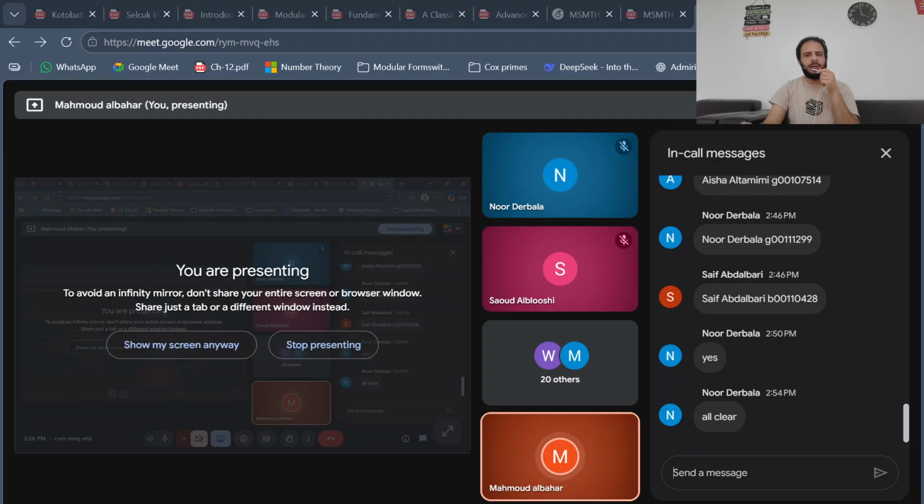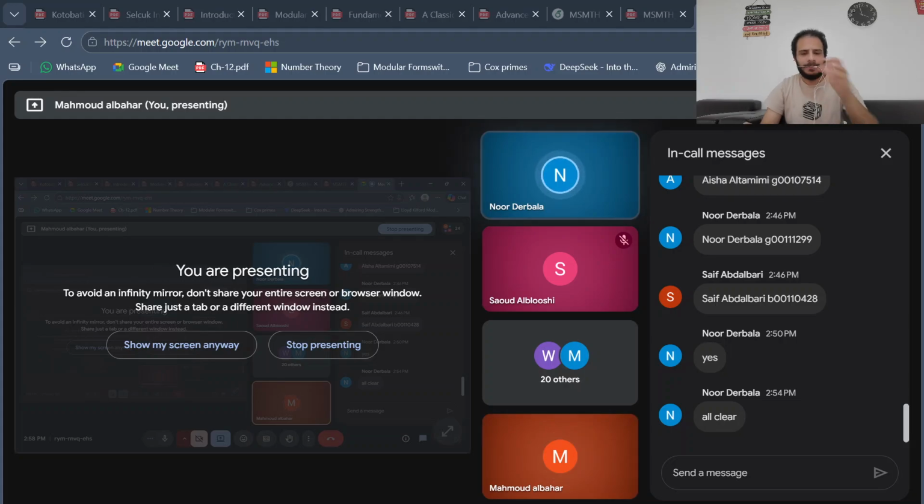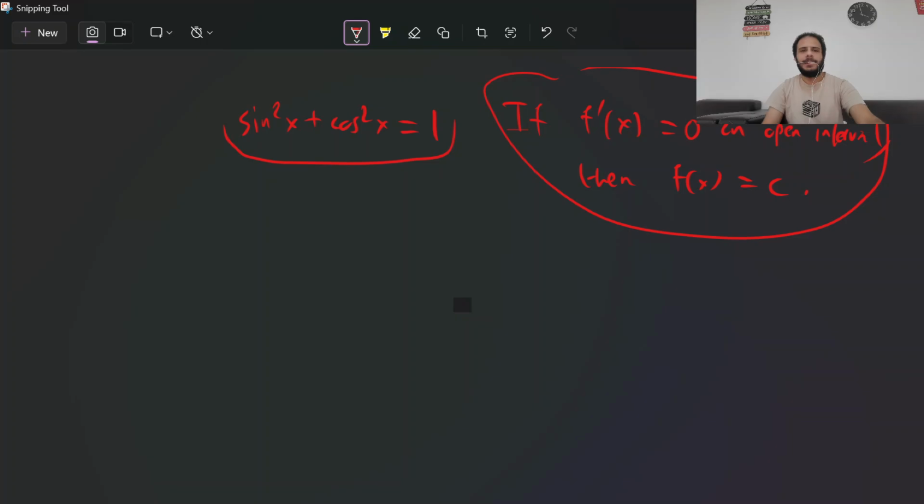Do you have an idea? Wait, can you go back to the thing? Yes. Do you find the derivative? Do you do it as sine squared x plus cos squared x minus 1 and then find the derivative? Yes. First, so yes, you are right.